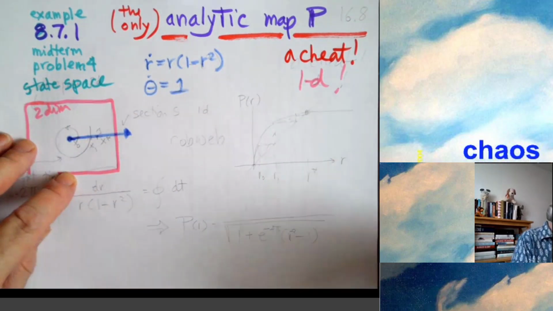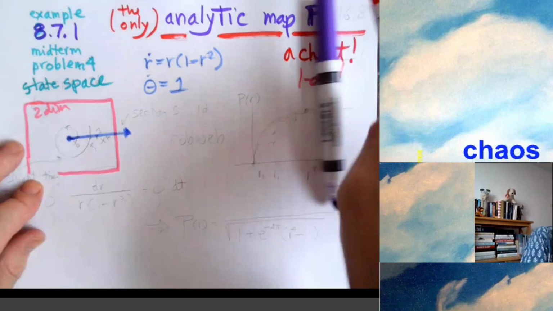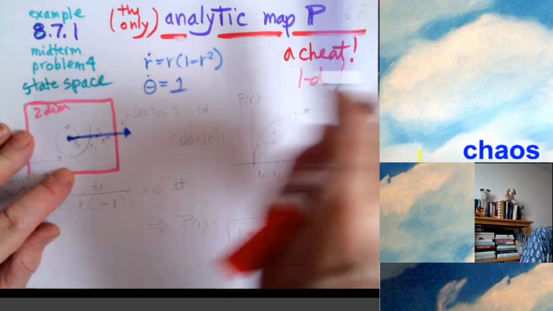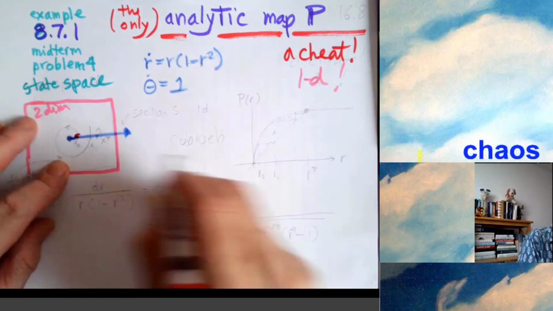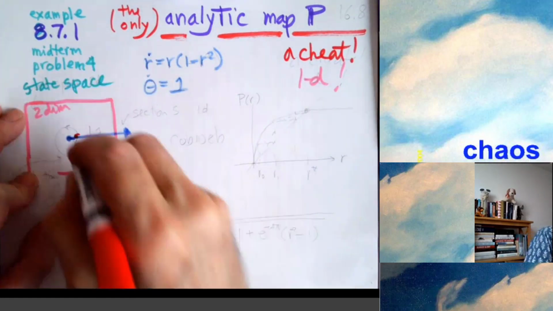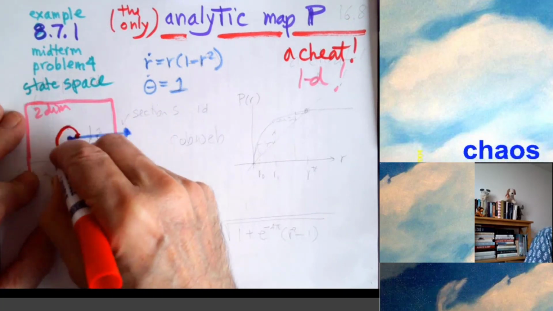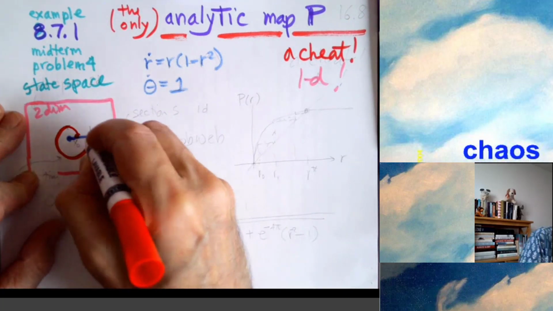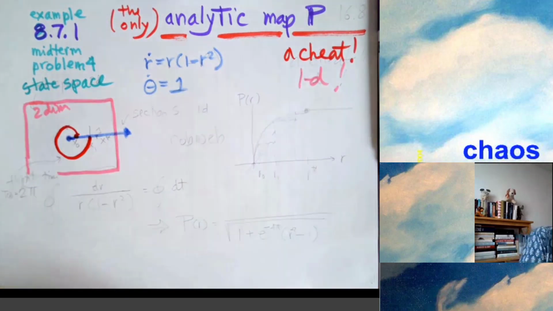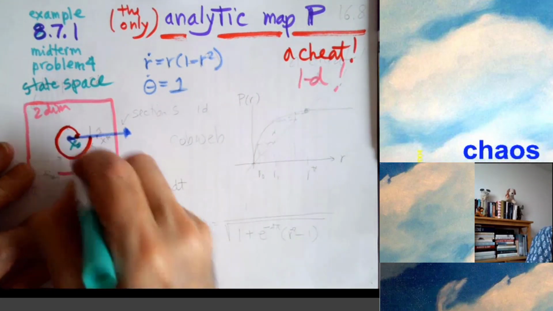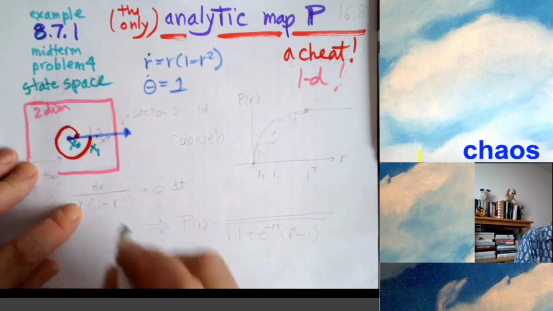And now if I take any trajectory starting in this Poincaré section, if it's close to the origin, this is radially unstable, so the thing will spiral out and it will intersect this line. So go from x0 to x1.